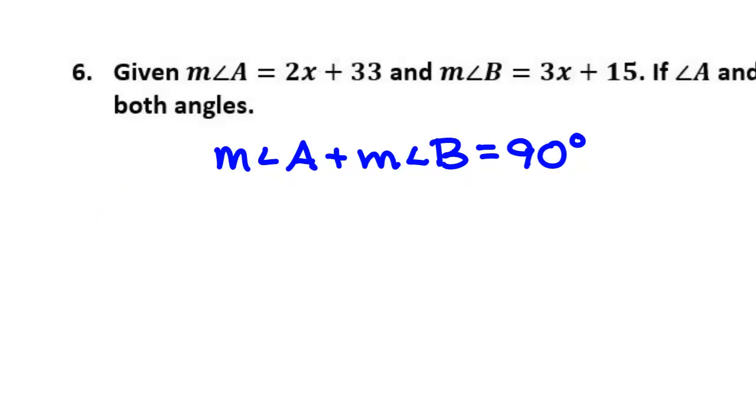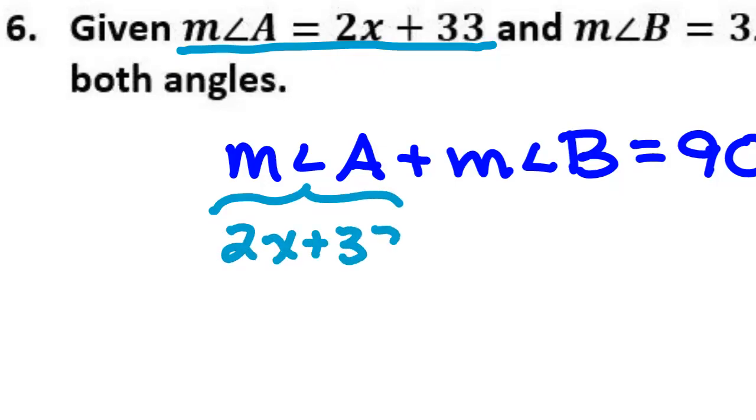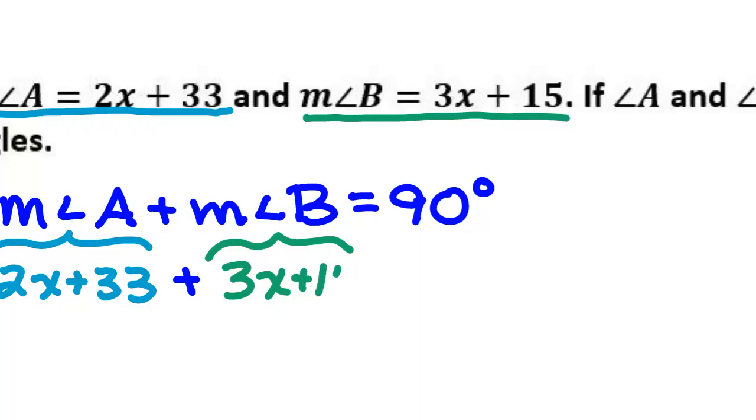What can we put in the place of angle A? 2x plus 33, yes. Plus, what can we put in the place of the measure of angle B? 3x plus 15. Is equal to 90.